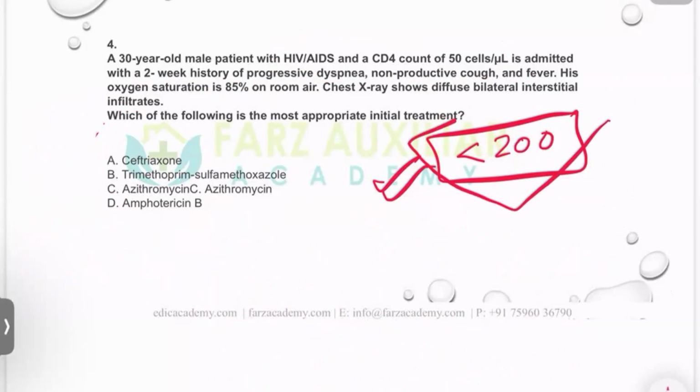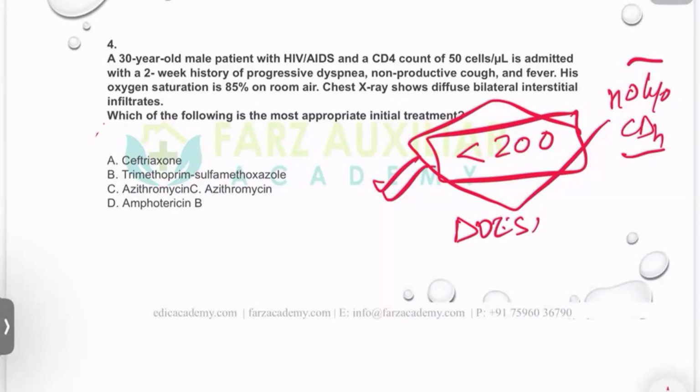Let us say the patient has no history of CD4 count. He says, I do not have any CD4 count. I will not get it done. It is the right of the patient to refuse an investigation. He does not want a CD4 count. What will you do? Will you start the patient on PCP prophylaxis?